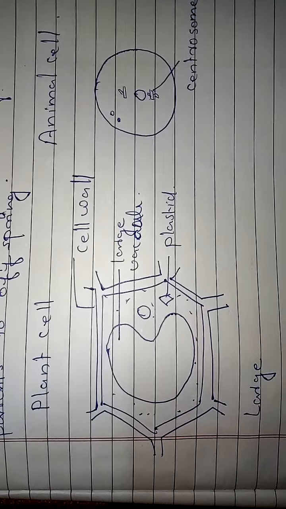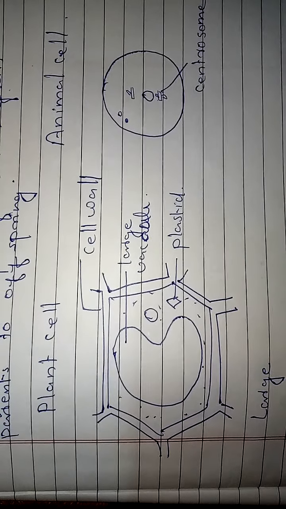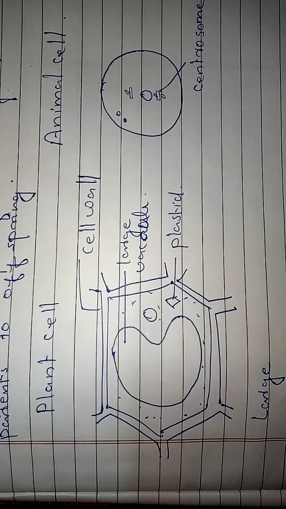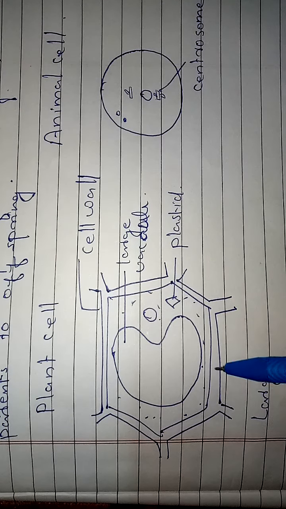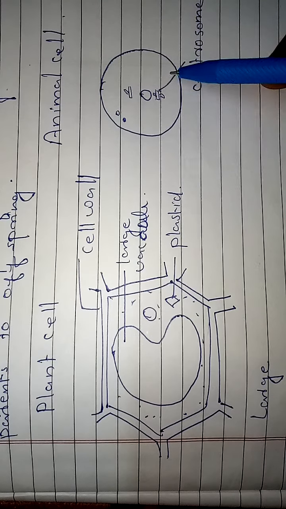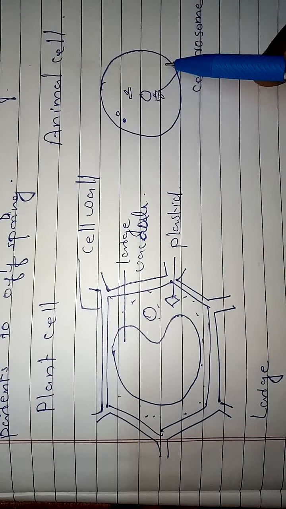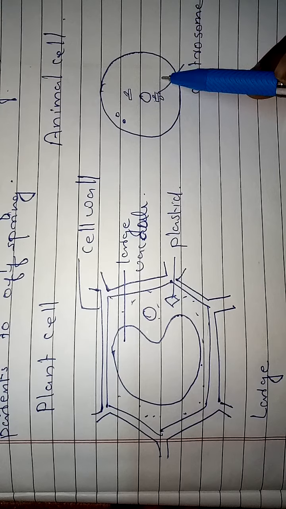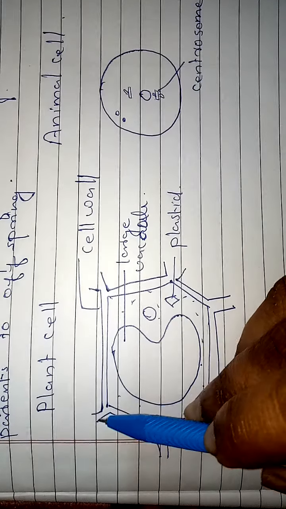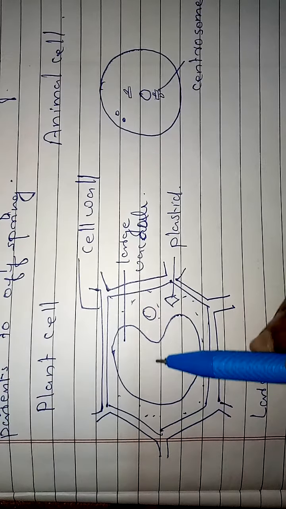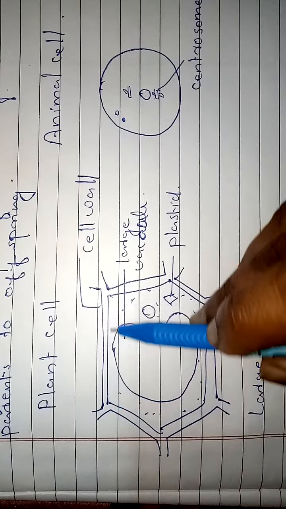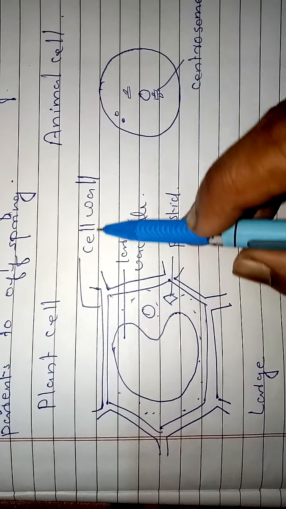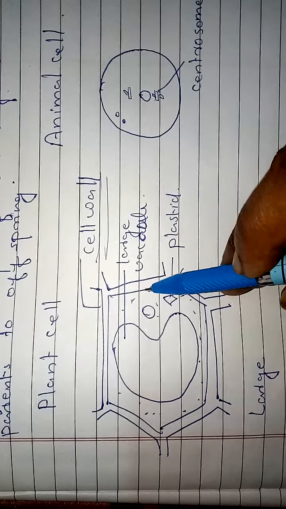And finally we have to look at the difference between the plant cell and animal cell. The plant cell is somewhat large in size compared to the animal cell. I have already told you that the plant cell has an additional covering known as the cell wall, other than the plasma membrane.